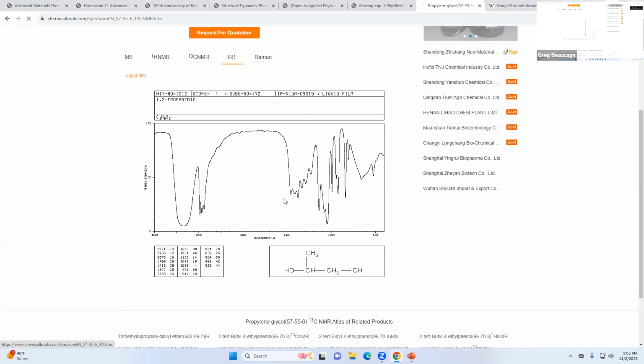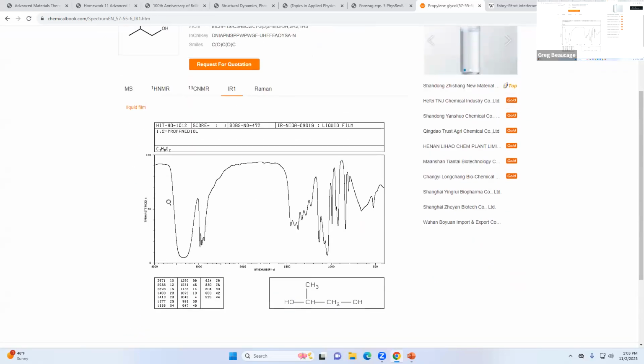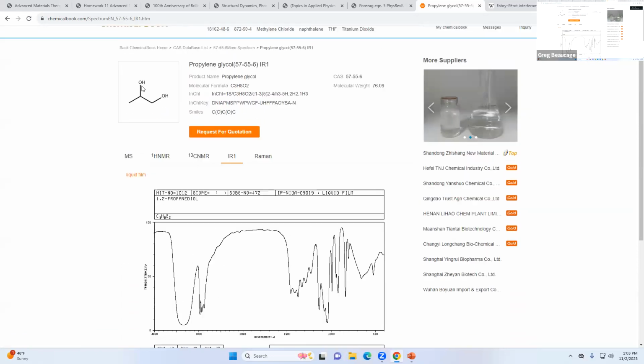Whereas the IR and the Raman are going to be these kind of broader things, especially the OH group, which usually is really broad and really big. It's like water. If you look at water, it would just be a gigantic blob over here, right? Or if you look at silica with some water absorbed to it, you'll get some spikes and a giant blob, and the more water you have, the bigger the blob. So the amplitude of this thing is the amount of the stuff.